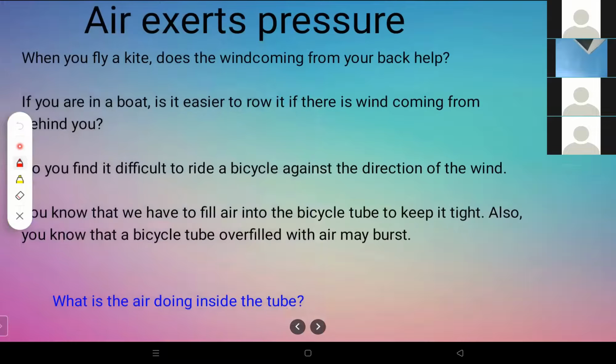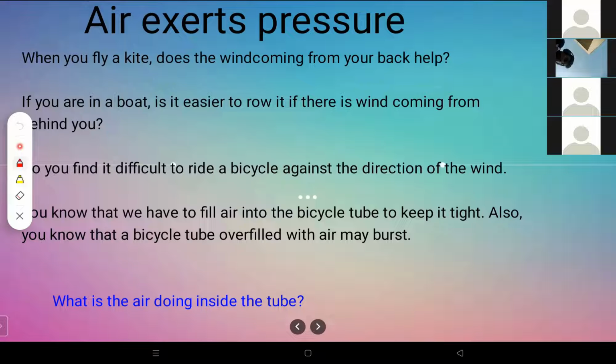Let's talk about air. As you know, air exerts pressure. When you fly a kite, does the wind coming from your back help? Yes, from your back.